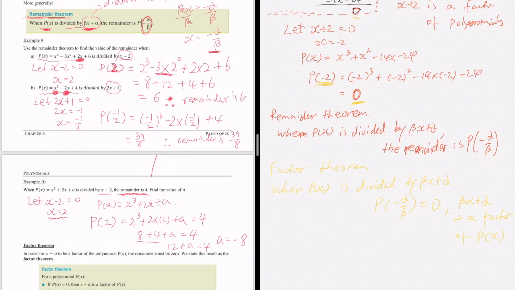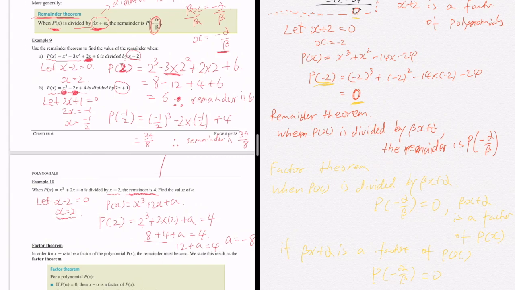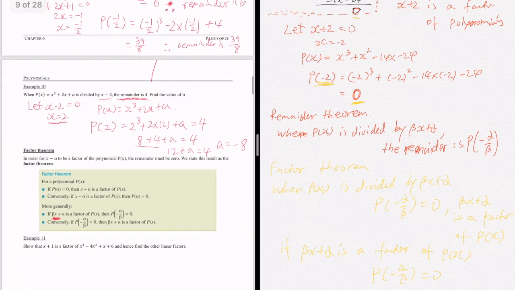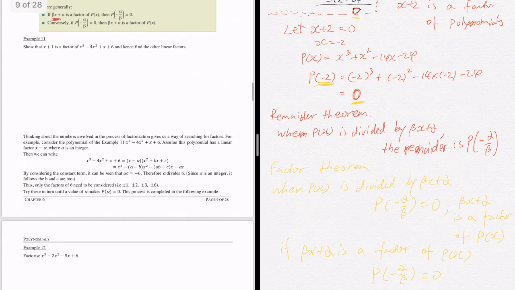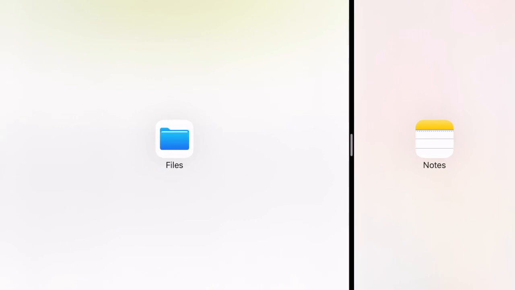In other words, if beta x plus alpha is a factor of polynomial p of x, then we can substitute negative alpha over beta back into our equation, and that will definitely be equal to 0. Now let's use an example to help you understand a bit more. So if we go to your example 11.